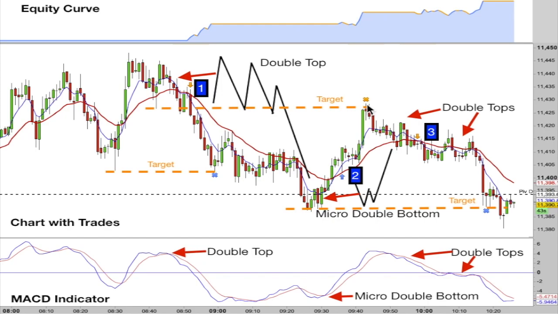So you've got a high, the market comes down, a lower high, and as soon as the market goes with conviction below the 8 and the 20 exponential moving averages, I got in below these two pin bars here. A bullish pin bar with a green body followed by a bearish pin bar with a red body, and as soon as it went below that, I went short.